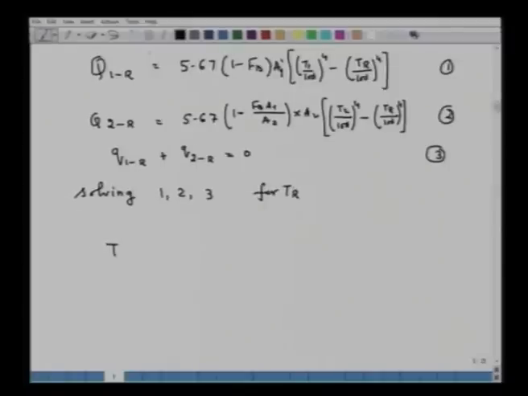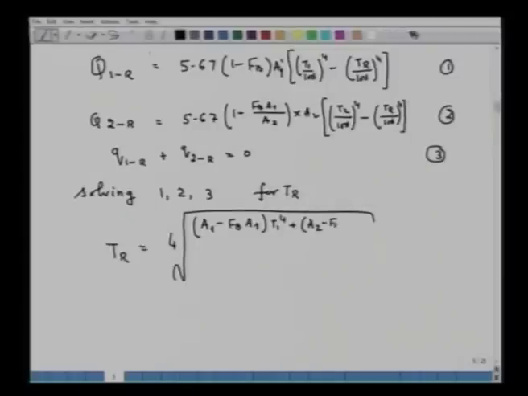So, we can get the value of TR, that is equal to the 4th root of A1 minus FB into A1, T1 to the power 4 plus A2 minus FB A1, T2 to the power 4, divided by A2 plus A1 minus 2FB into A1.